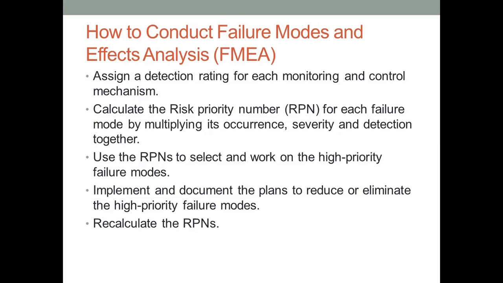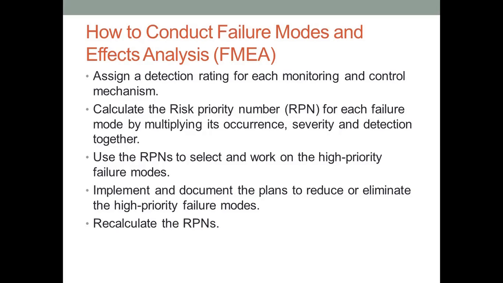But if there was no way, if the damage would have already been done, the failure would have occurred, we wouldn't have known about it. The customer now calls us to tell us about the failure and the negative impact on him or her, the detection rating there will be 10. So the lower the detection rating, the lower the numerical value, the better for you. The higher, the worse for the organization.